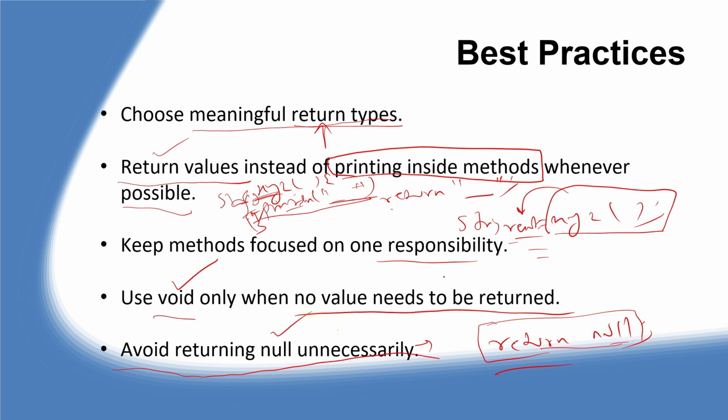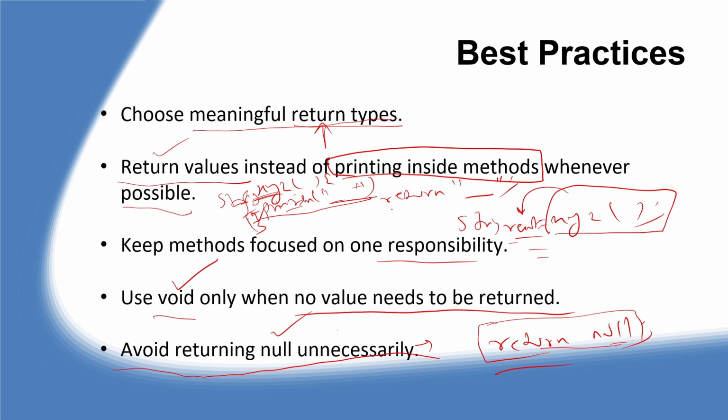So these are the best practices we should keep in mind while writing code. Let's quickly summarize what we have learned so far. Return types: primitive return types, returning strings. We have seen examples of string, boolean and integer types and how to return them.